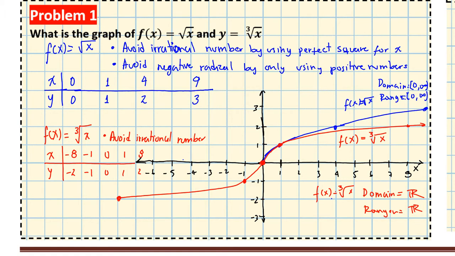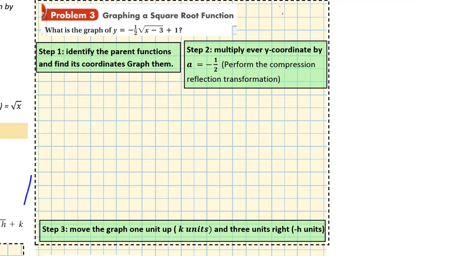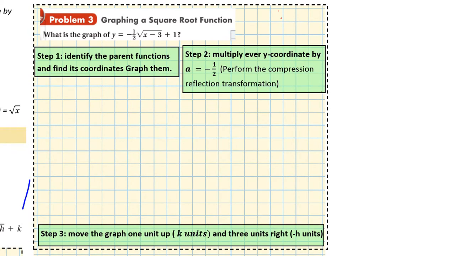So for problem number 3, we're going to talk about graphing using the parent functions. Your first step should always be to identify the parent function. And when dealing with radicals, you just have to look at the radical itself. Since we have a square root, the parent function is, let's write it over here, f of x is equal to the square root of x.